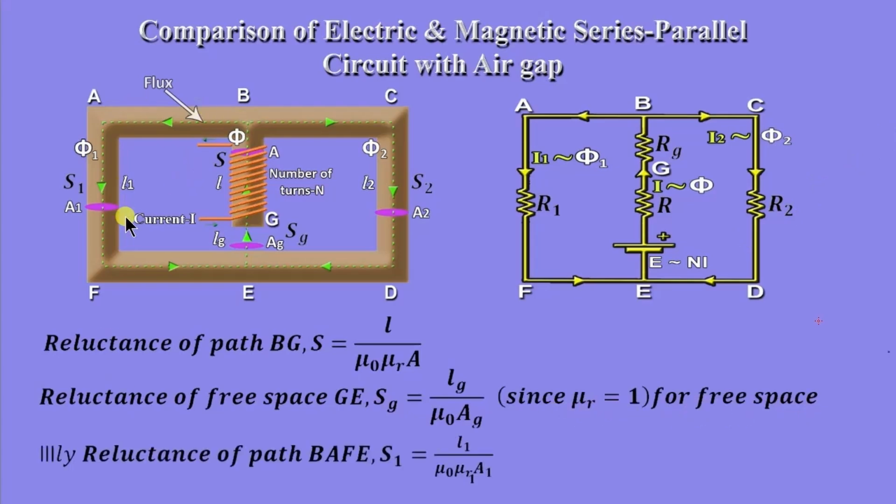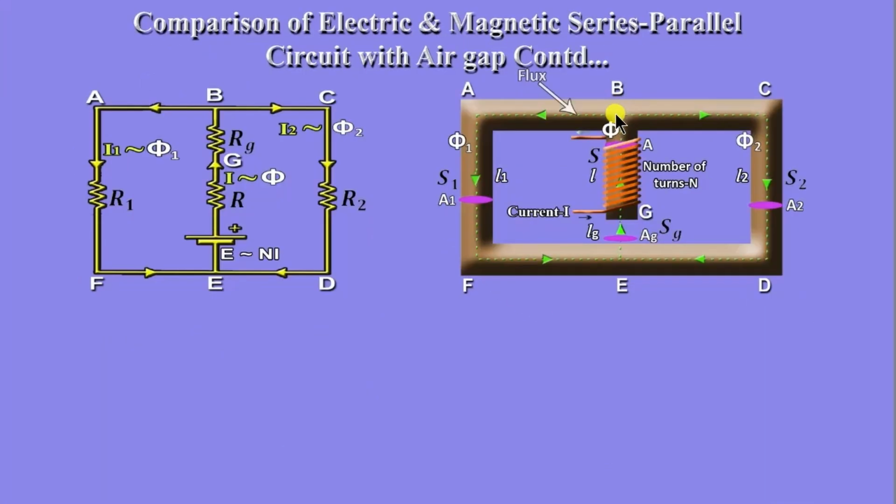Similarly, reluctance of path BAFE, S1, is equal to length of that path L1 divided by mu 0 mu r1 into A1, and reluctance of path BCDE, S2, is equal to L2 divided by mu 0 mu r2 into A2. This is a series parallel magnetic circuit with an air gap.